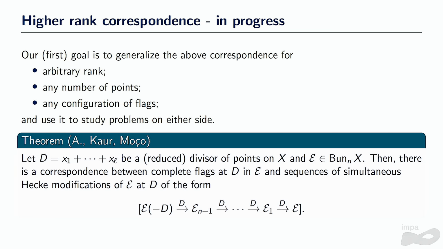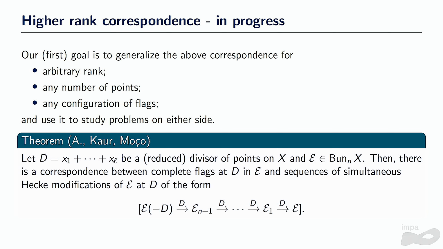But this D does not determine the Hecke modification, nor that these are the same, right? This is the same, yes. What I am telling you is the following. The position of the point does not determine the Hecke modification.